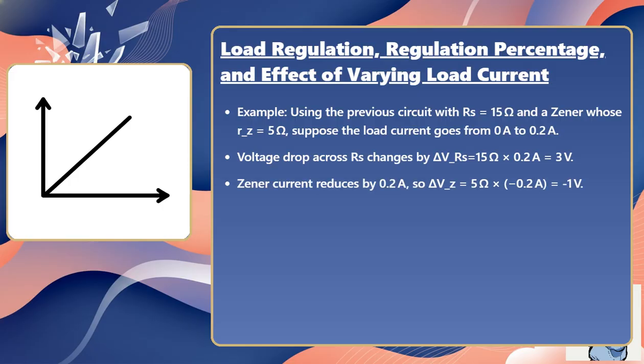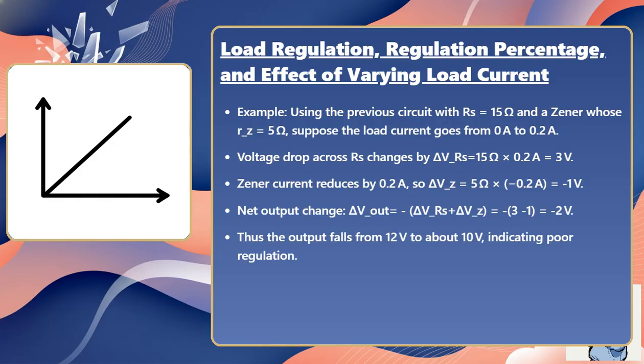Zener current reduces by 0.2 amperes, so delta V sub Z equals 5 ohms times negative 0.2 amperes, equals negative 1 volt. Net output change delta V out equals negative delta V sub RS plus delta V sub Z, equals negative 3 minus 1, equals negative 4 volts. Thus the output falls from 12 volts to about 10 volts, indicating poor regulation.